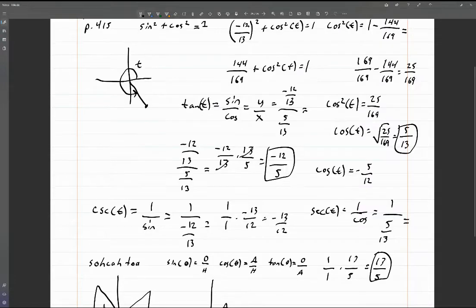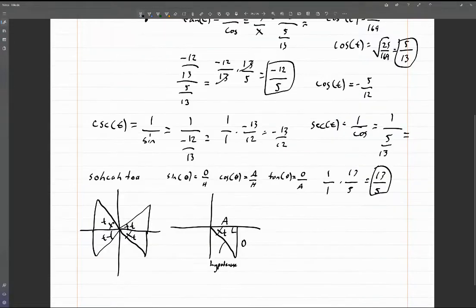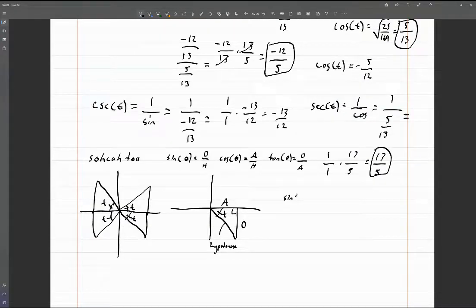So what we were told up above is that sine of our angle is negative 12 over 13. Well, that's the opposite over hypotenuse. It's only the x and y coordinates that could be negative. Hypotenuses are distances and they're basically positive.